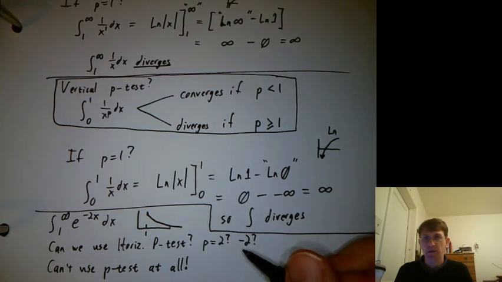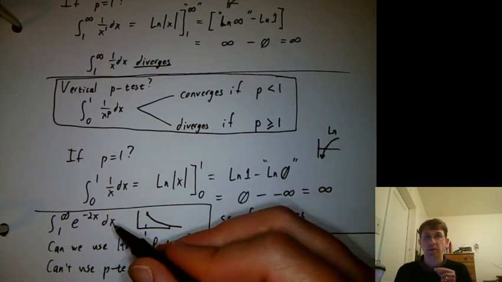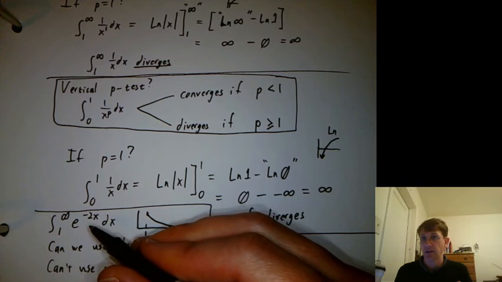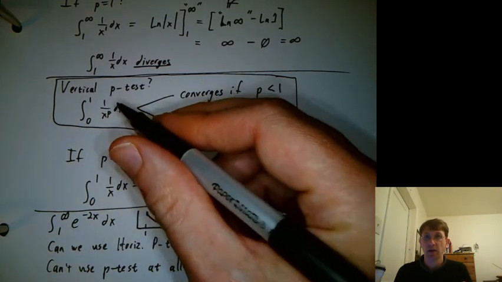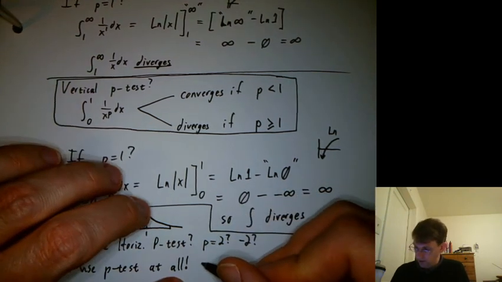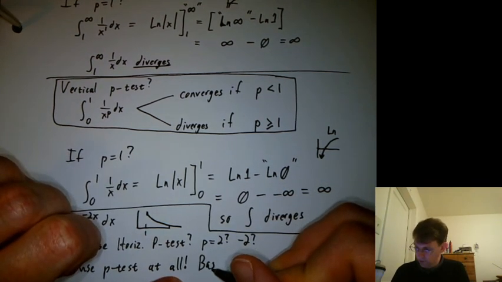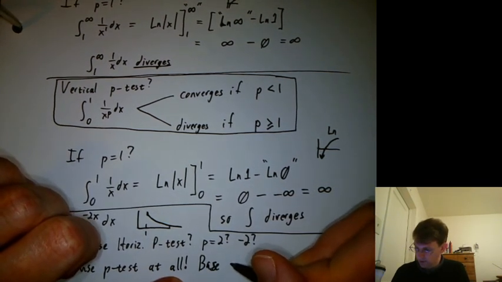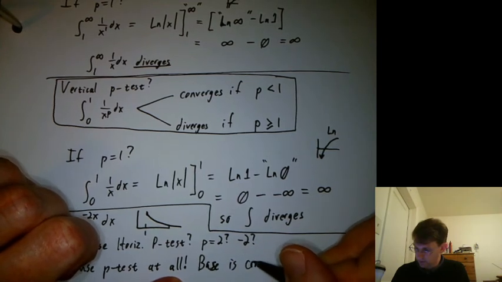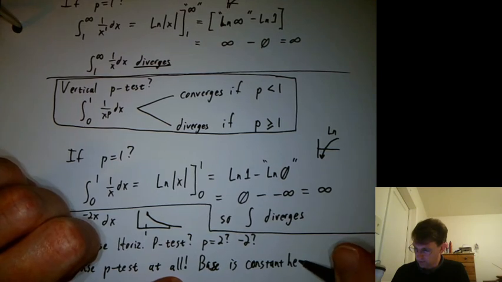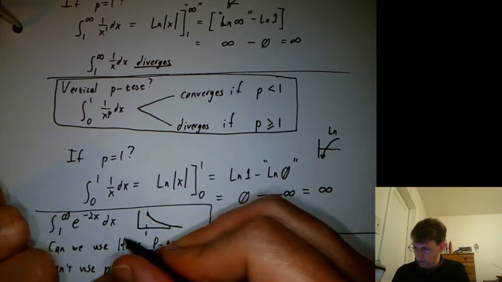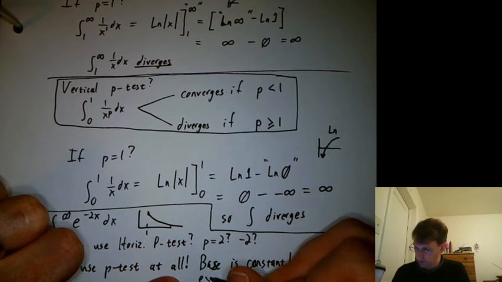We can't say p equals 2, p equals negative 2, because the base is constant rather than having an x in it. So it's just a completely different function form. It's an exponential function rather than a power function. So the base is constant here, and the power is a variable.